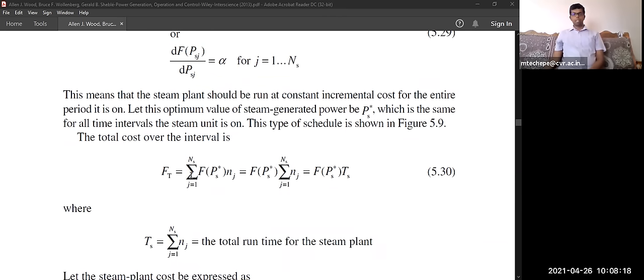Total fuel cost is sigma j equal to 1 to ns of F of PS star into nj. This term, F of PS star alone, we have taken outside.